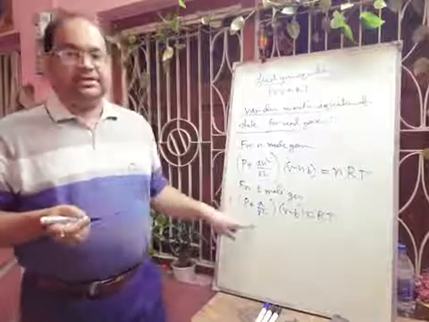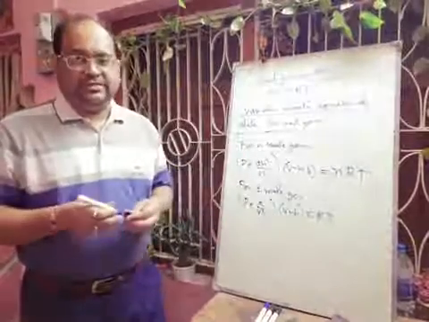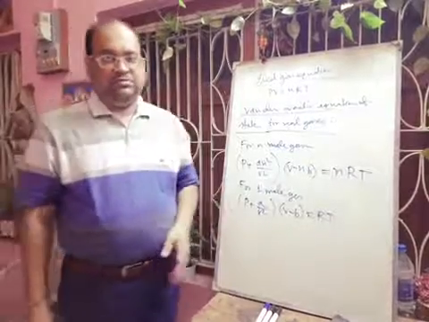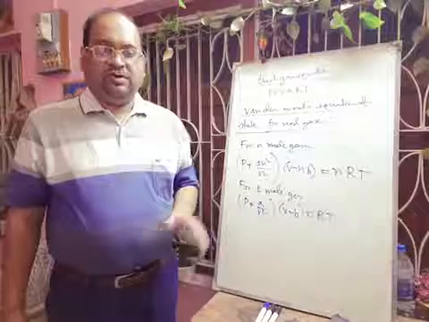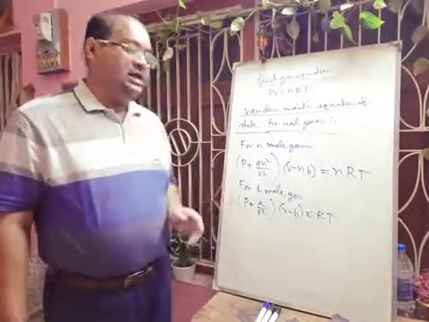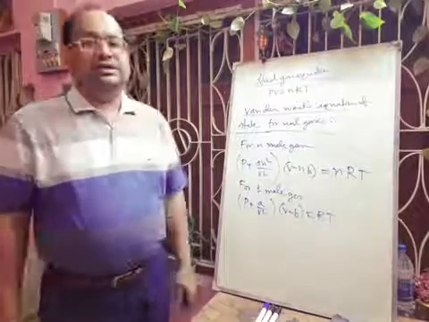And this part is called pressure correction and this part is the volume correction. Van der Waals applied two corrections in the ideal gas equation, one is volume correction and another is pressure correction. Now what is volume correction?